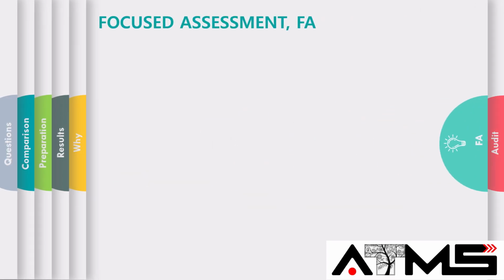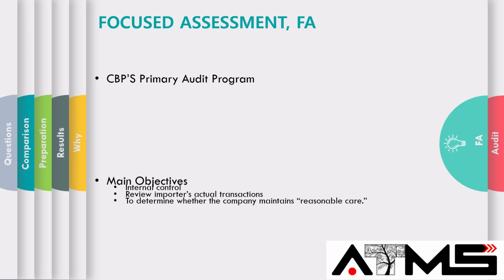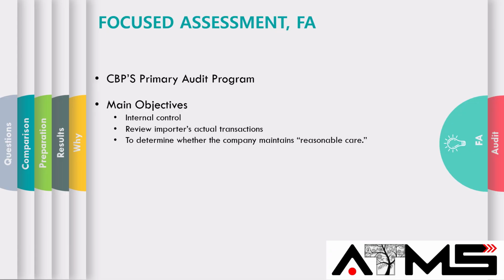The second type of CBP audit is Focused Assessment, FA, CBP's most comprehensive audit program. Unlike a general audit, the focused assessment is an in-depth, system-wide evaluation of an importer. The main objective of focused assessments is to assess internal controls and actual import transactions, and whether the importer has established a reasonable care and compliance system.